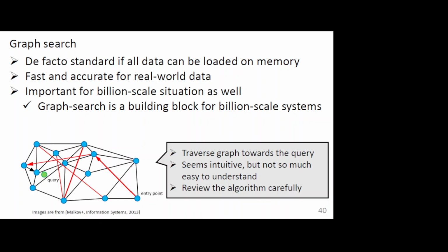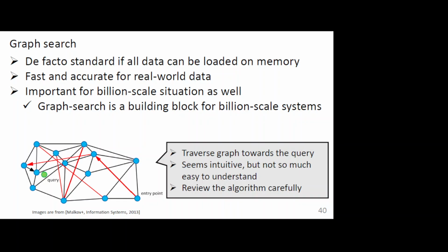Graph-based search now can be treated as the state of the art. If your data can be loaded in your memory, it will be very fast, and the accuracy is also much higher than the conventional methods. So it's fast and accurate for real-world data. Because it consumes a lot of memory, it's difficult to scale up to the billion scale.